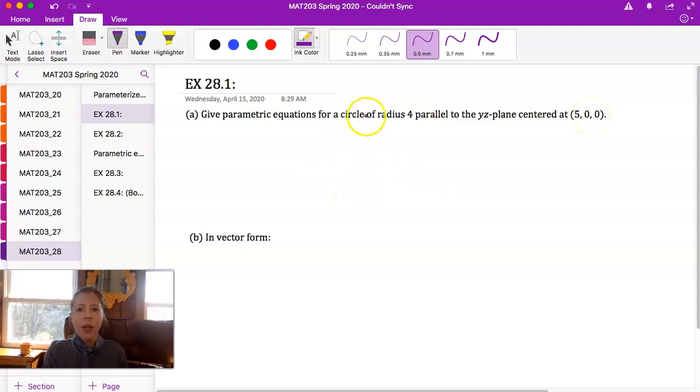Okay, so here's the thing. Our circle is going to be parallel to the YZ plane, and that's what we want to focus on because we're drawing that circle in the YZ plane, not in the XY plane. If you think about it, the center is just up 5 in the X direction.